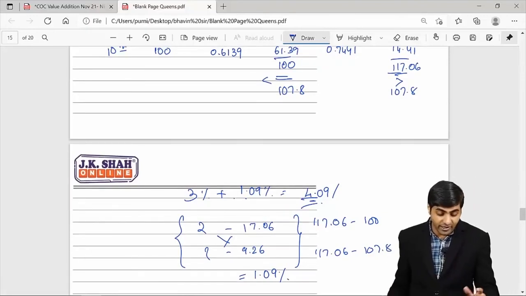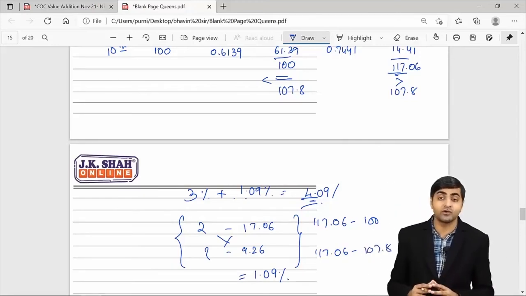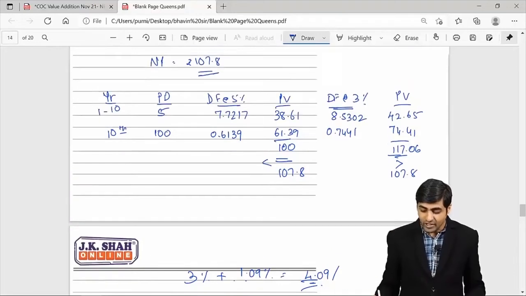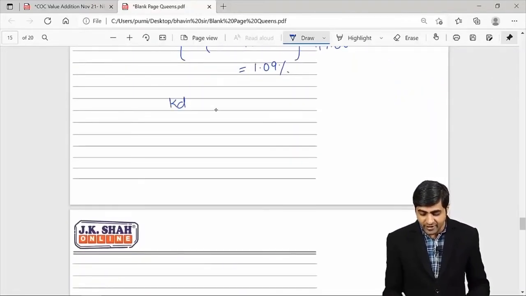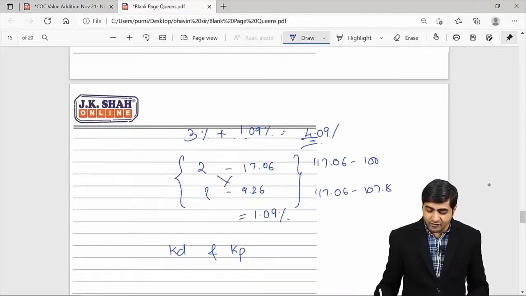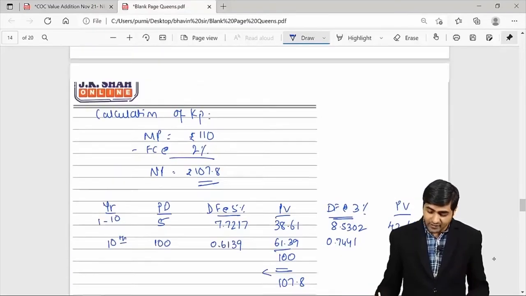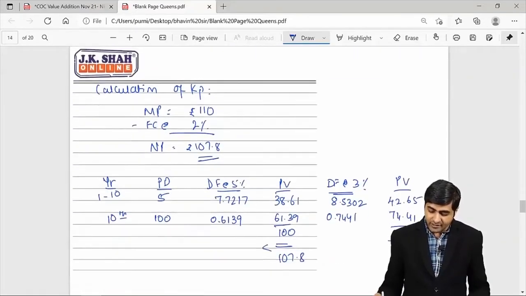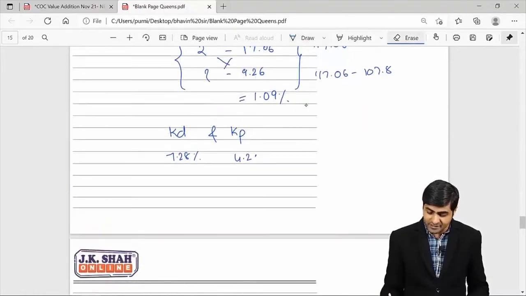This 4.09 is nothing but the rate at which your PV of CI will be equal to your PV of CO. Okay. So guys, now your KP is also calculated. So basically your KD and KP, we have learned how to calculate this using your concept of IRR, and you all can just check that your KD is 7.28% and your KP is coming as 4.09%.